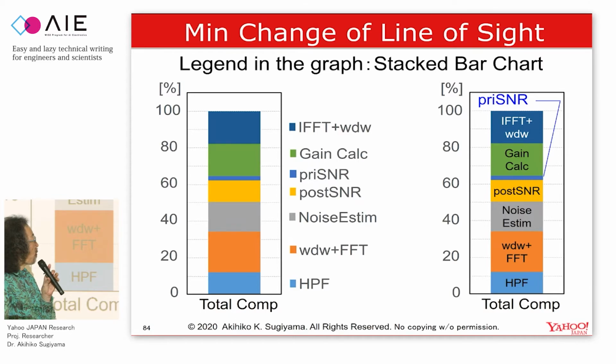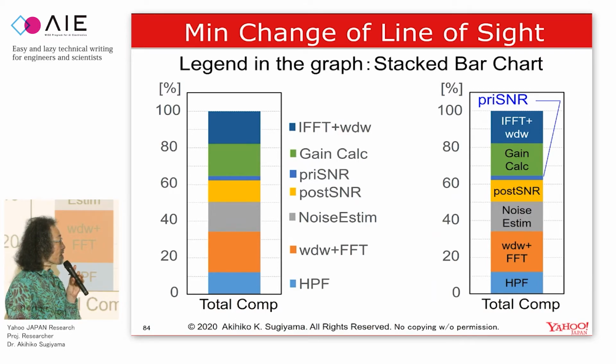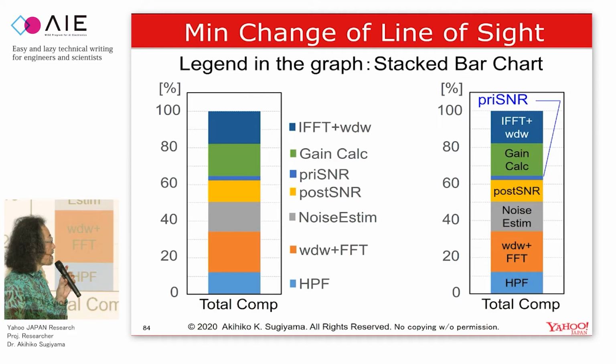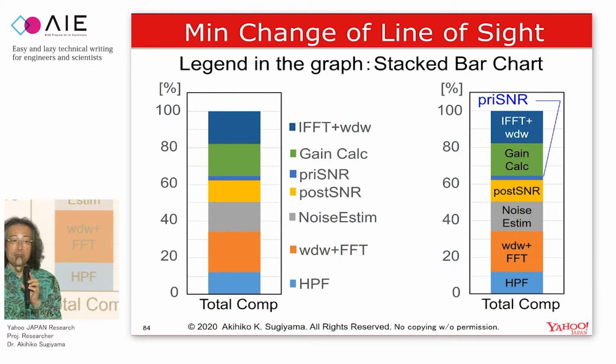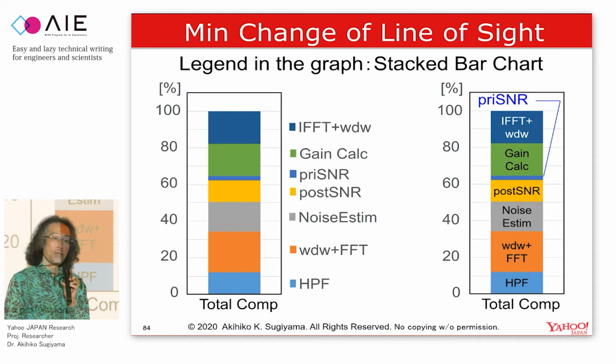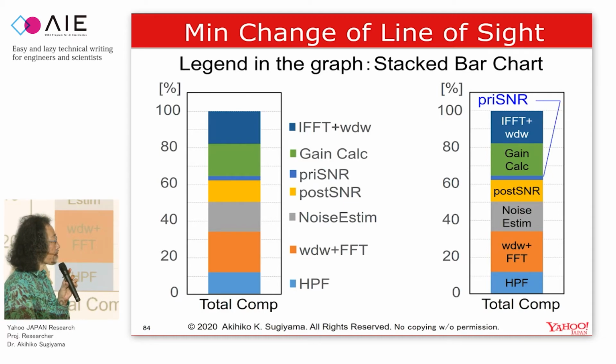For example, what is this? This color is similar to this one or this one. It's not easy. You need to change your eyesight. That's not good. So include the legends within the graph like this. So it's clear. This box represents IFFT plus window. It's more straightforward in this form.